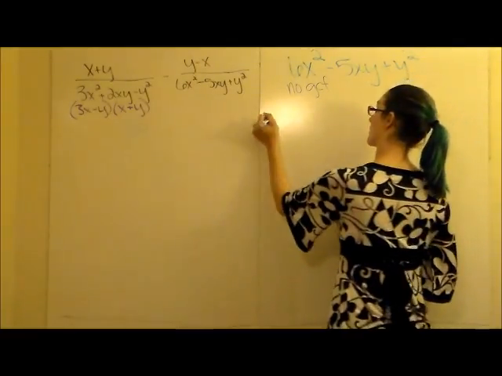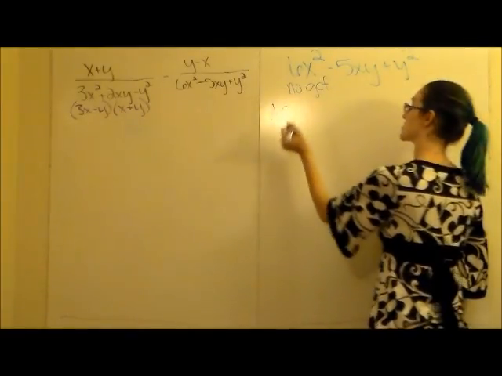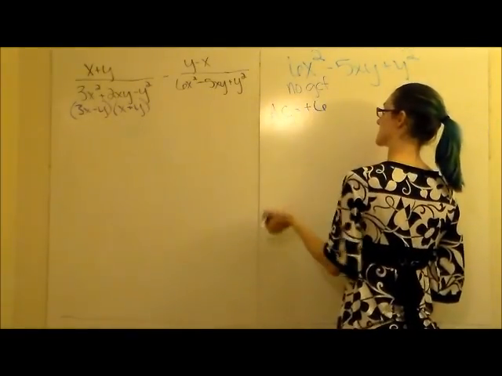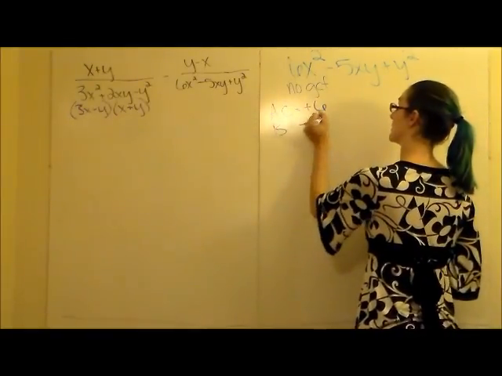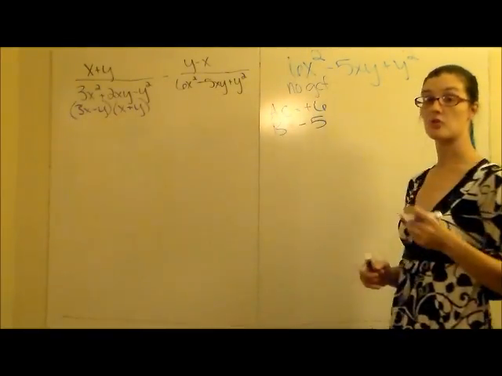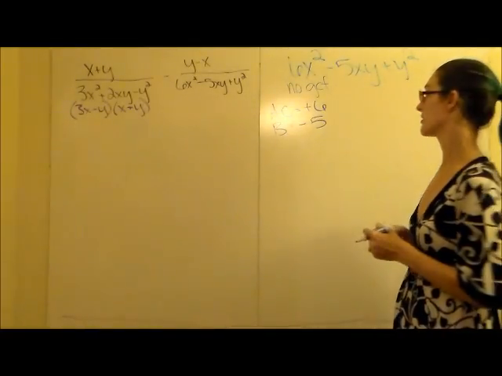Same thing as before. AC is the first coefficient times the last coefficient, so that gives me a positive 6. B is the middle, negative 5. Again, make sure they're ordered alphabetically. X squared, xy, y squared.